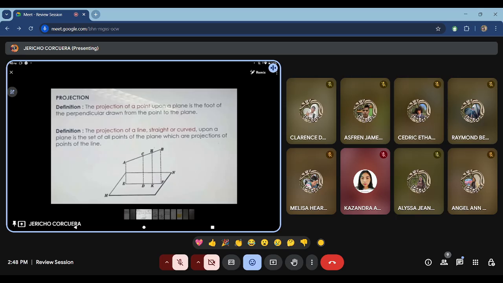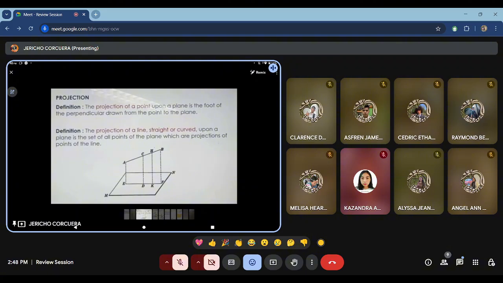So let's say we have point A. The projection of point A is point E based on the figure. As you can see, the foot on the plane is point E. So the perpendicular AE, A is perpendicular to plane MN. So the projection of point A is point E. And then the projection of a line is the set of all points on the plane which are projections of points on the line.